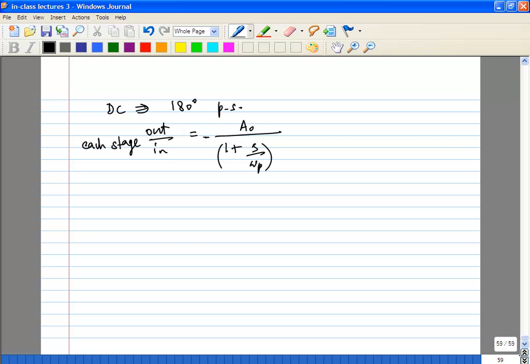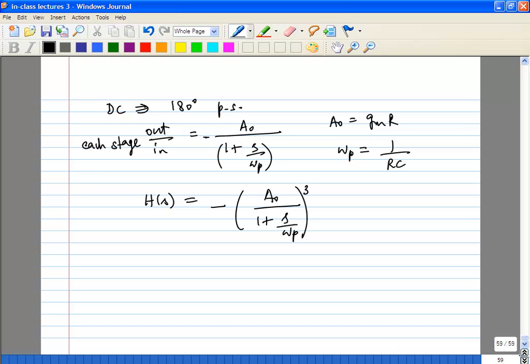This is the gain of each stage. Omega p, let's neglect the capacitance of the transistor and so on, is 1 over RC. So what is the loop gain H(s)? It's minus A naught over (1 plus s by omega p) whole cube.